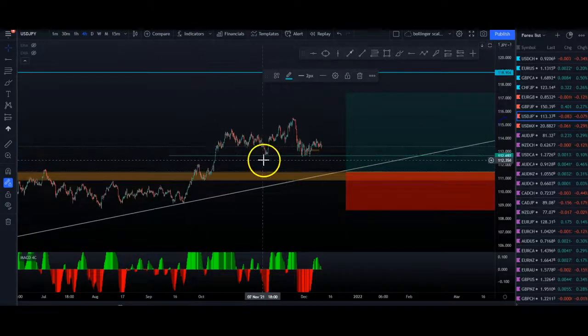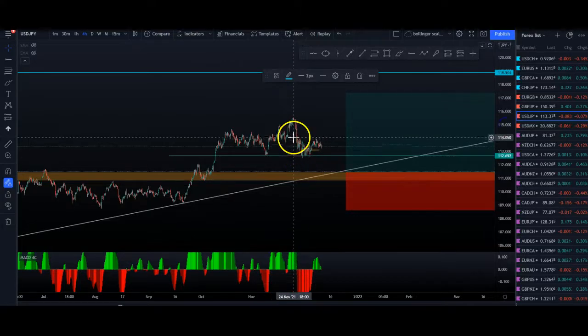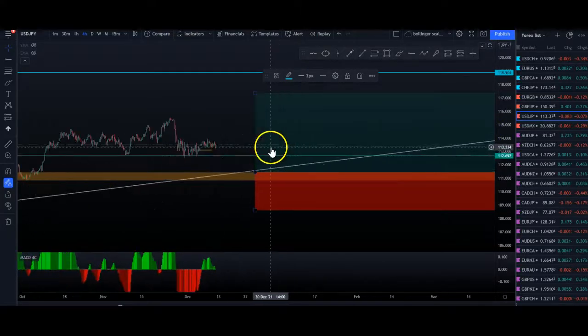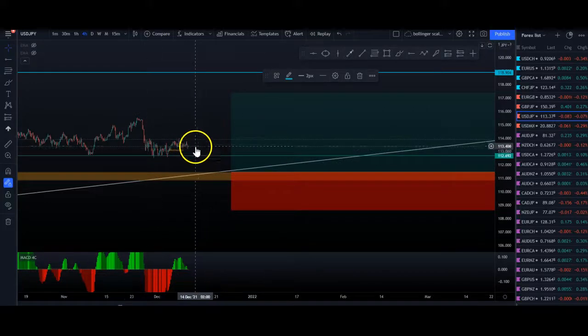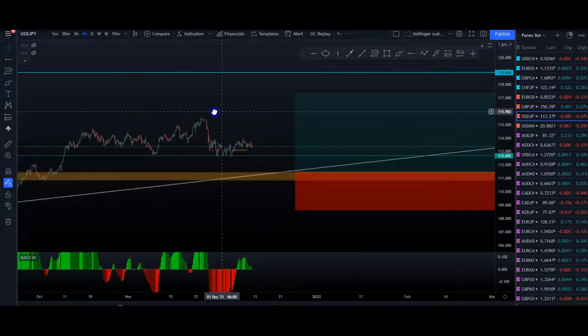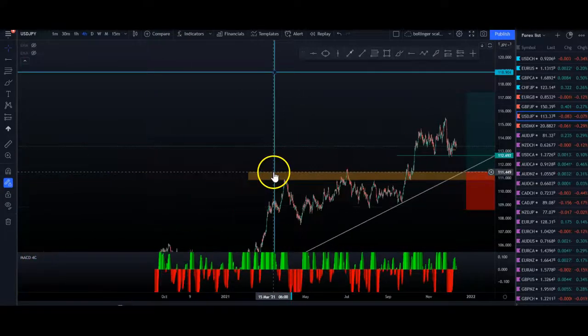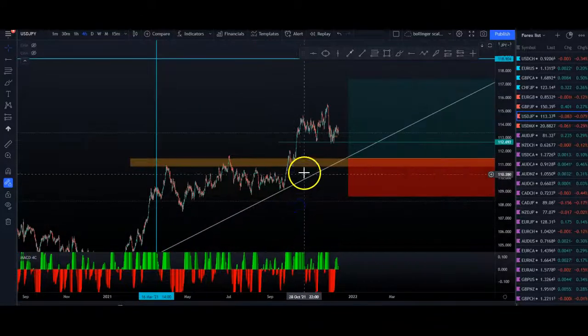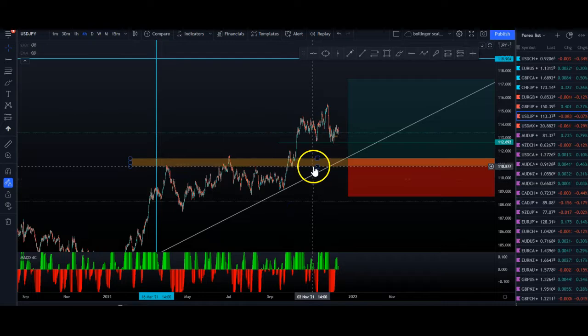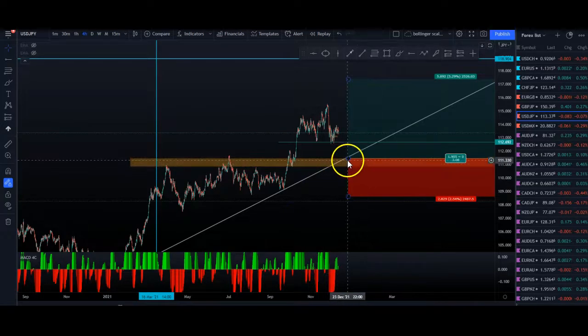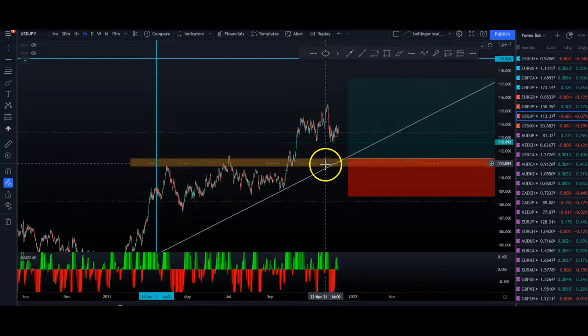Okay, we're in that support. And we've been in this support for a few days now. And the market started moving up from that support area. But in a macro view, this is the 61.8-50% area, the golden zone from the macro. But the market can easily just start going up from there too.